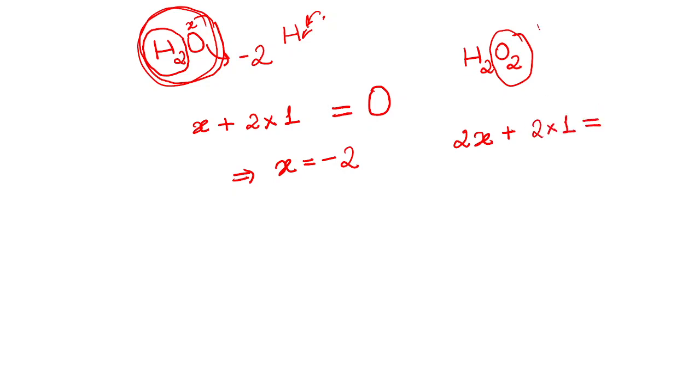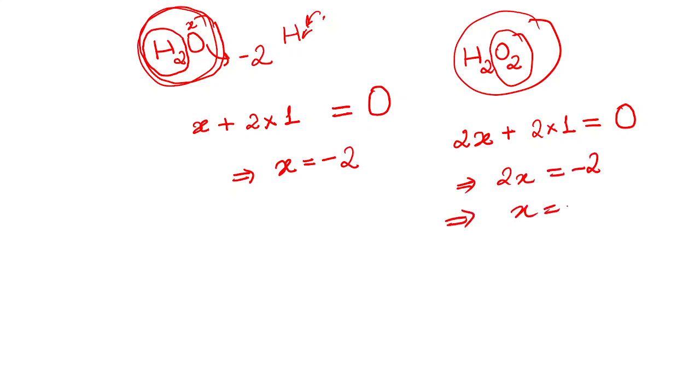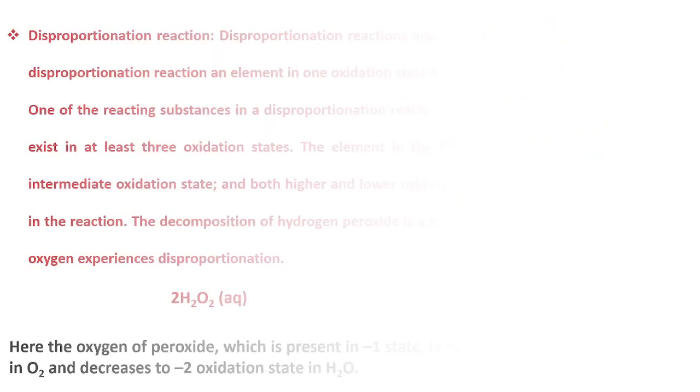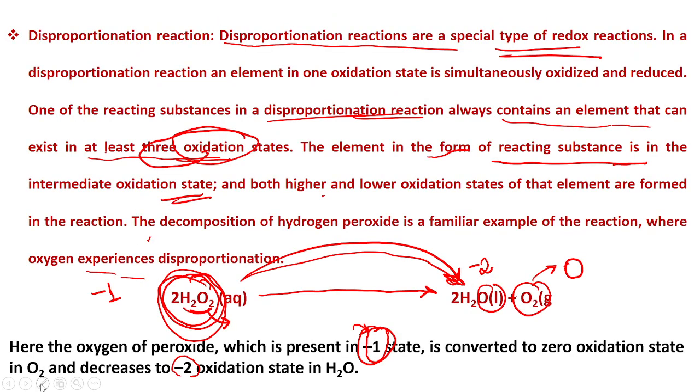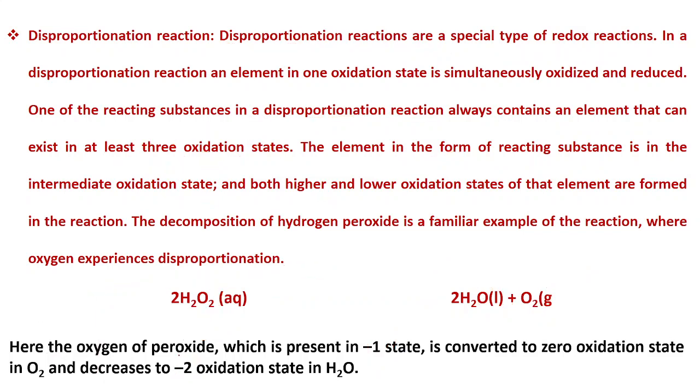There is no charge on the compound, so that will be equal to 0. So twice X is equal to -2, so X is equal to -1, and that is why the oxygen of peroxide is present in the -1 state. Here the oxidation state of this oxygen is -1.